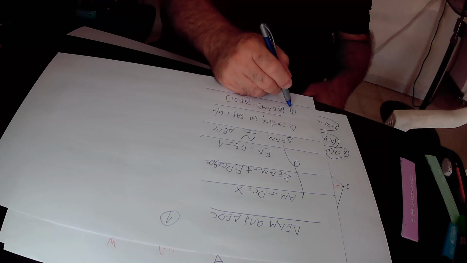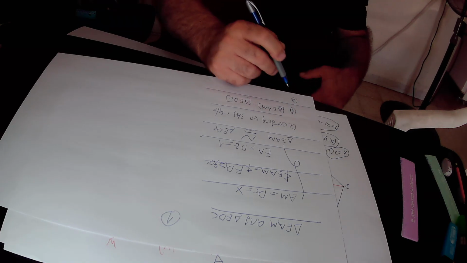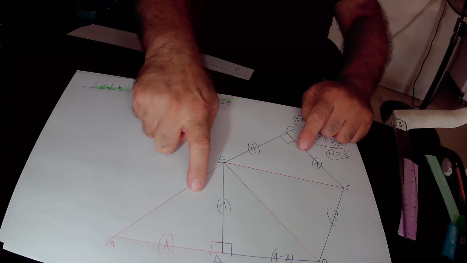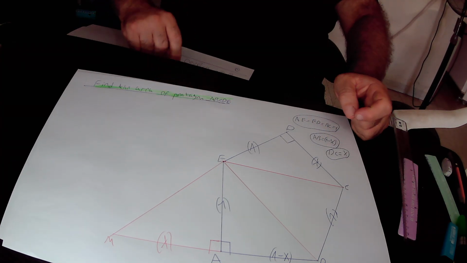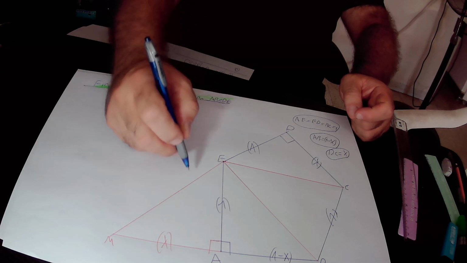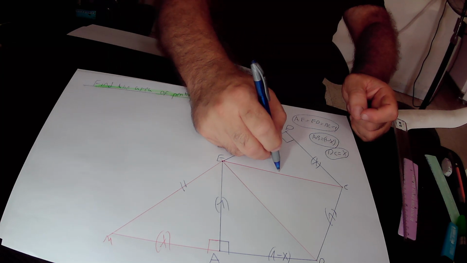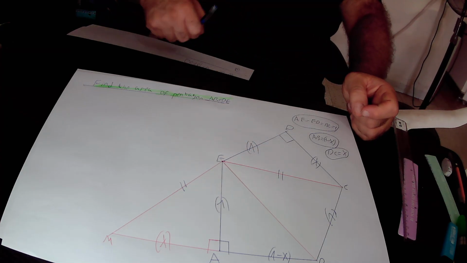And the second thing that we derive from the fact that those two right triangles can go into each other is that side EM of the right triangle EAM is equal to side EC of this right triangle EDC.